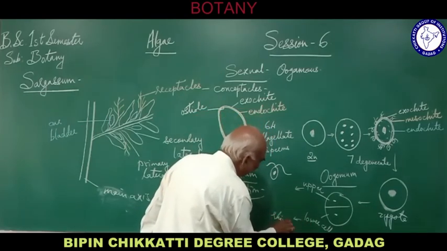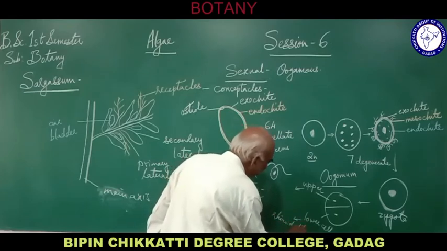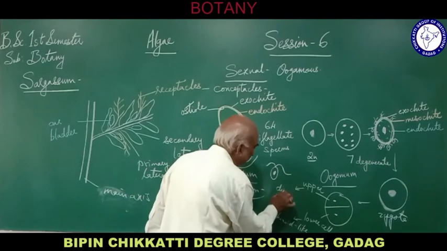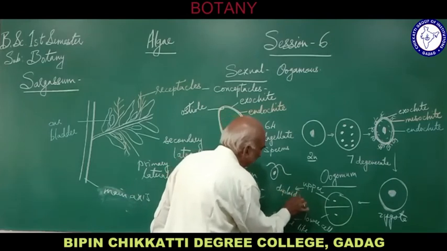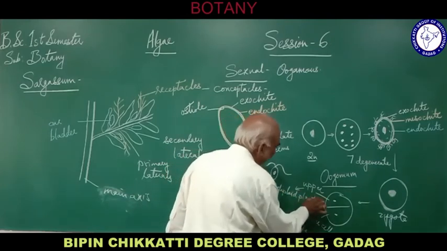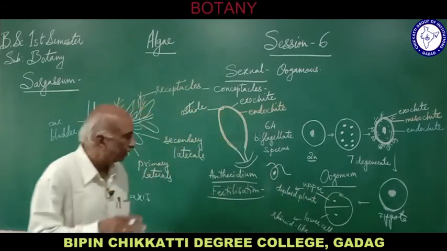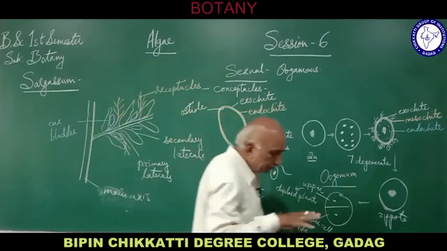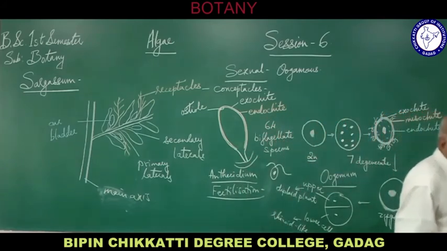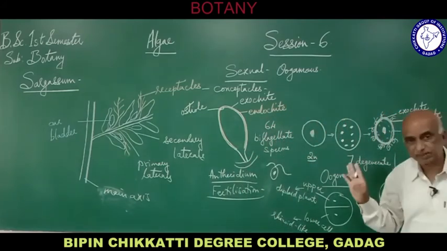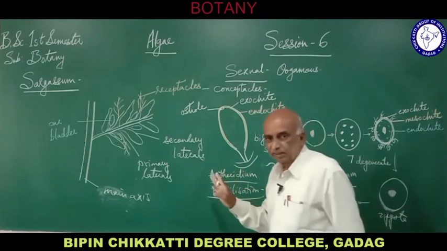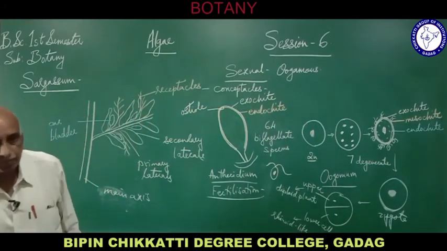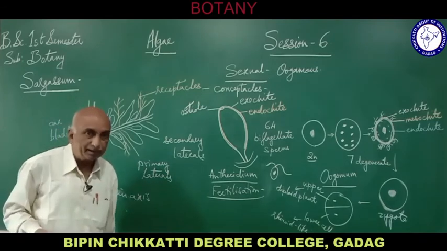This is the diploid plant which is produced from the upper cell. So this upper cell goes on dividing to form the diploid plant, and forms the complete plant consisting of the main axis and the primary laterals and the secondary laterals, which further develop the air bladders and also the receptacles.